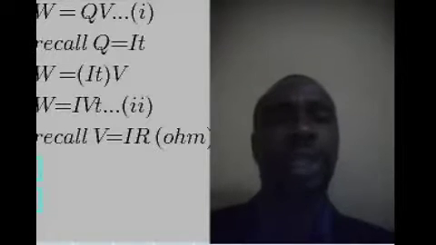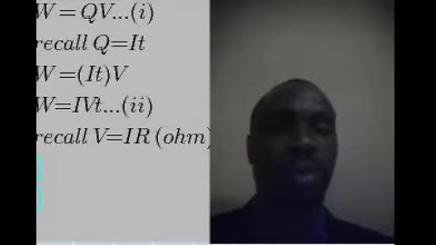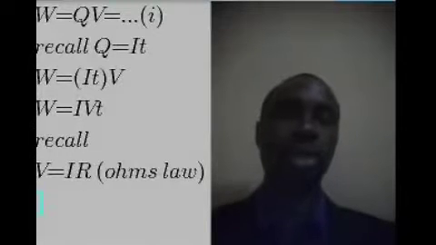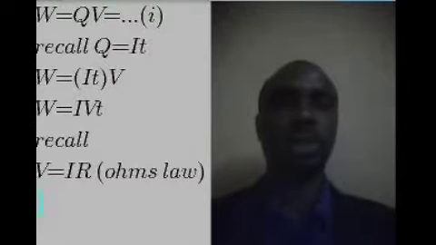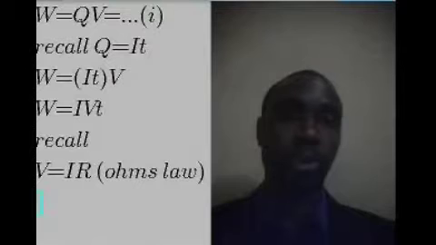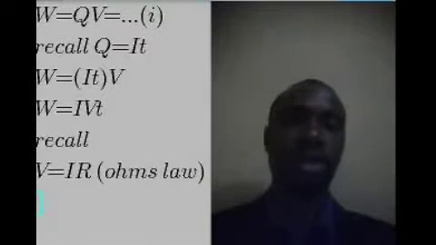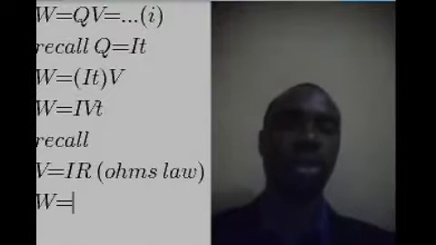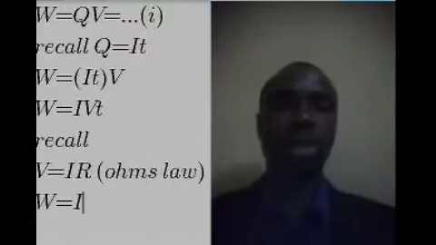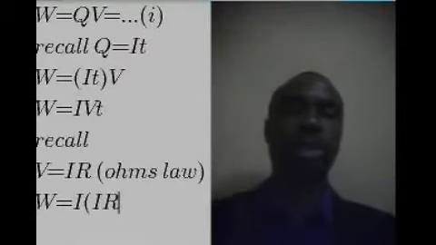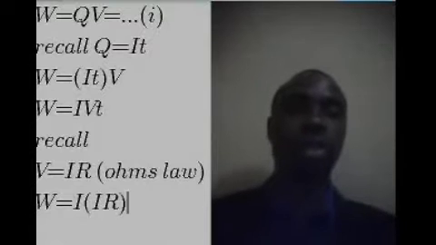Now, looking at our equation V = IR, what do we do next? Using Ohm's law, we replace V with IR in the work done equation, and we get a new equation. Right now we are replacing V in the equation with something different.